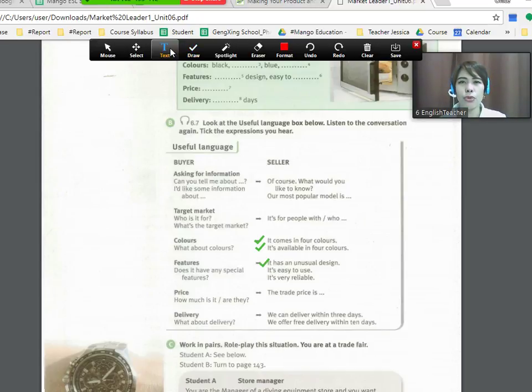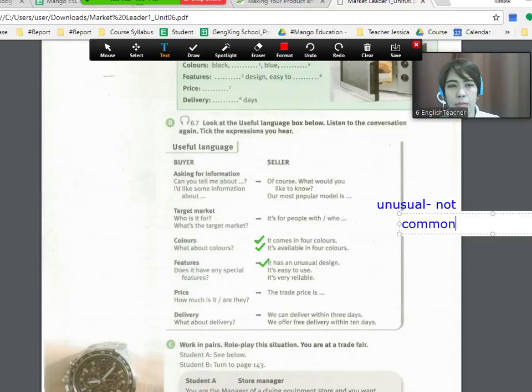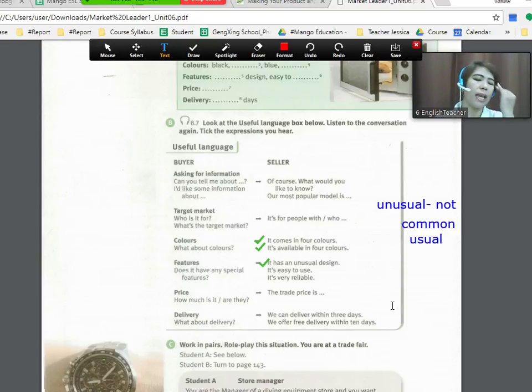So for those who do not know the meaning of unusual, unusual means not common or not usual. Very good.